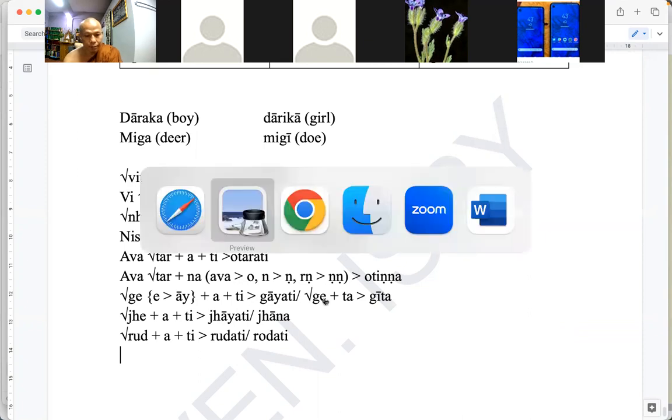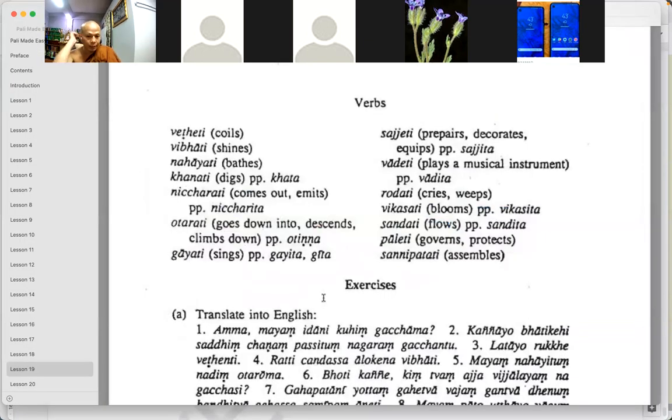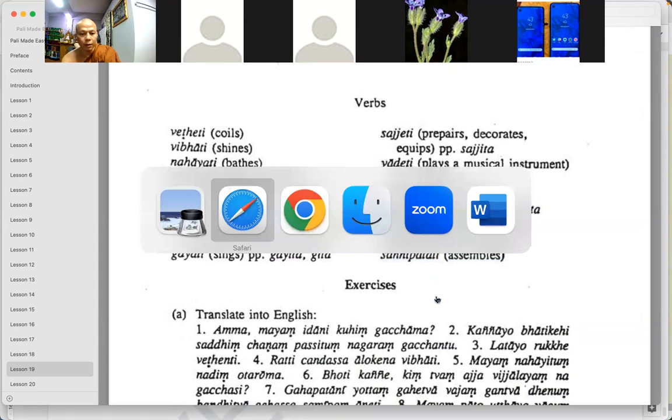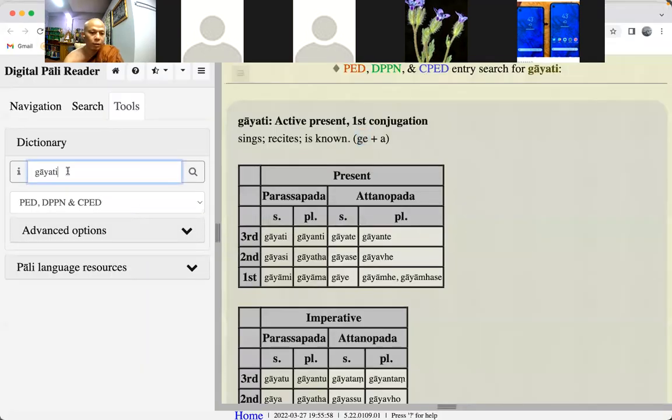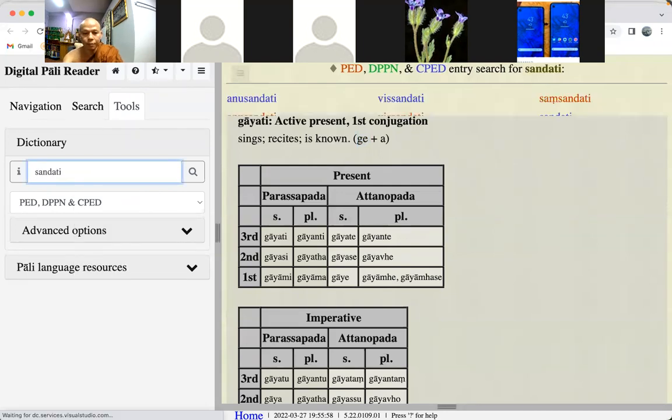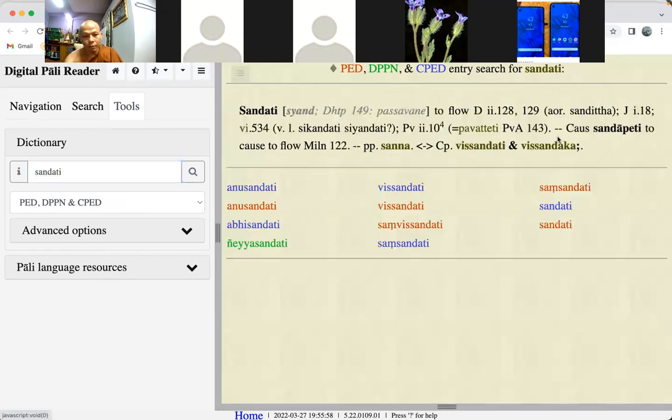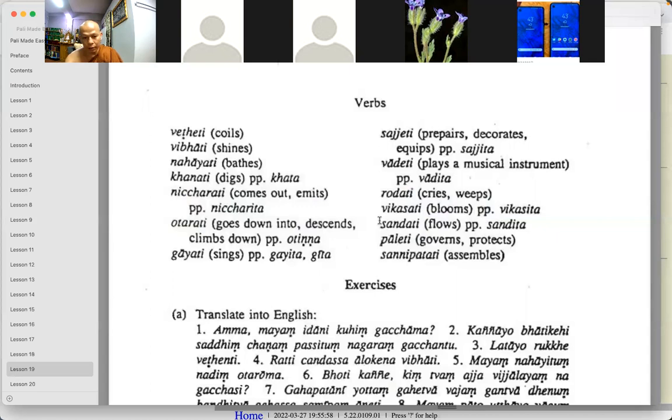Okay, another form. Vikasati, to blossom. So we preface, root is gas and the ati. And then sandati. Sandati flows. Sandati, okay. Let's see in the dictionary. Sandati, okay, sandati to flow. Root is sand, right? So nothing to change.